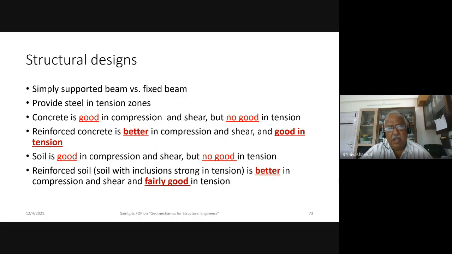For example, if you take a simply supported beam, the tension zone is at the bottom and you have to provide steel at the bottom between the supports. But in the case of a cantilever, the tension is at the top. Likewise, footings are no exception. They're also the same. You have to provide steel in the proper tension zone, and you have to take care of compression, uplift, shear, all that.